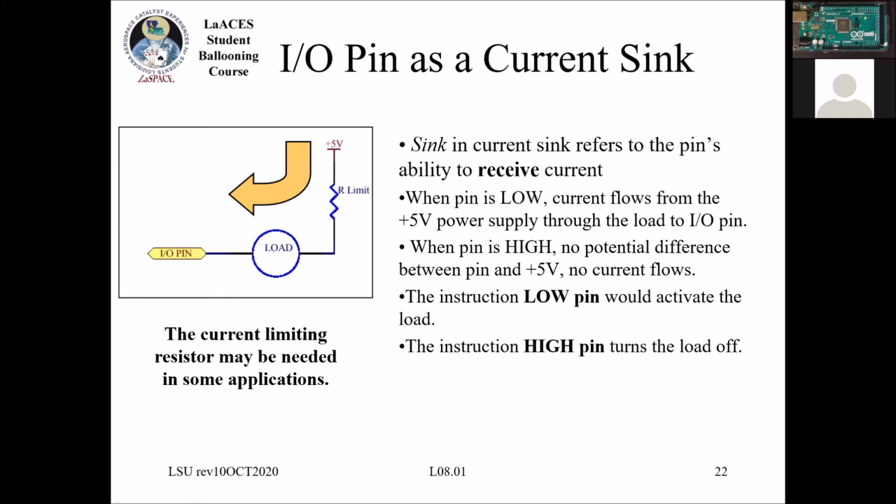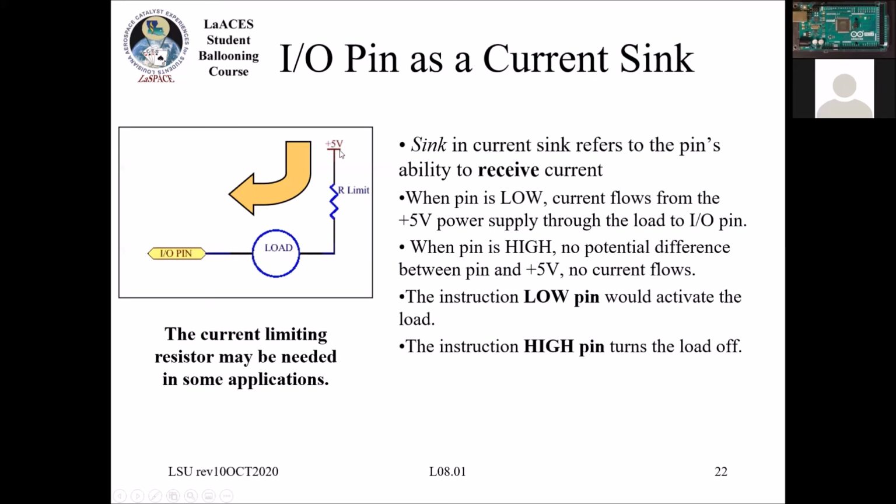So when you want to use it as an input, usually the pin is acting as a current sink. The current flows from some other source and into the pin. So when the pin is low, you go through the limiting resistor and through the load, and it turns on.